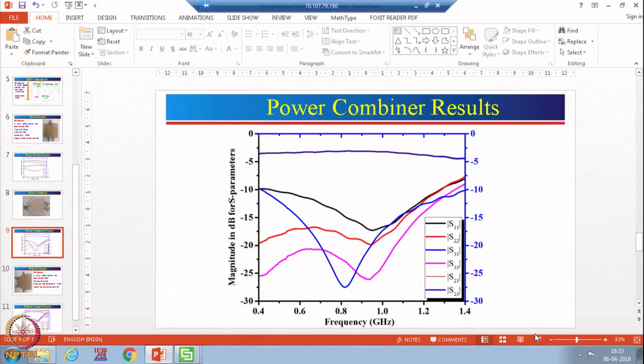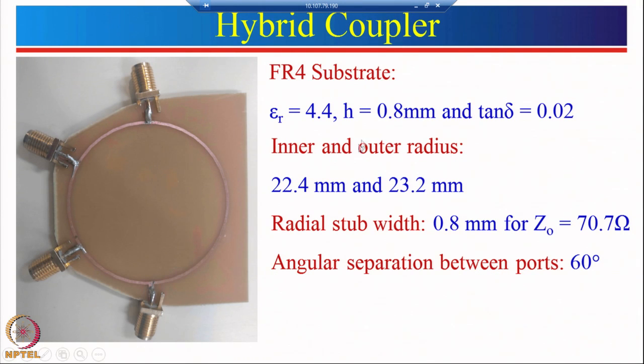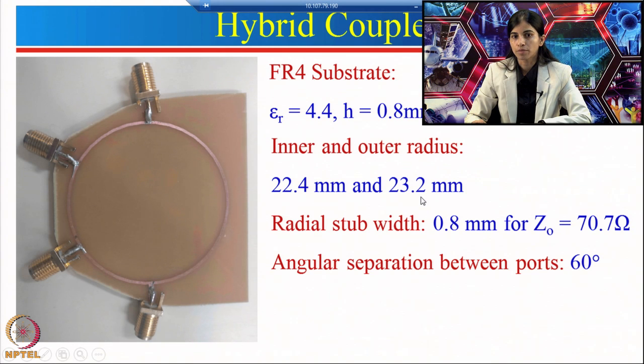here the dimensions that we are taking for this hybrid: we are taking FR4 substrate of 0.8 mm thickness, the inner radius as 22.4 mm and the outer radius as 23.2 mm. These things you can easily calculate using the line calculator. You know this electrical length and you know this periphery, that is equal to 2 pi r, and the electrical length is 3 lambda by 2, so that will be equivalent to 540 degree.